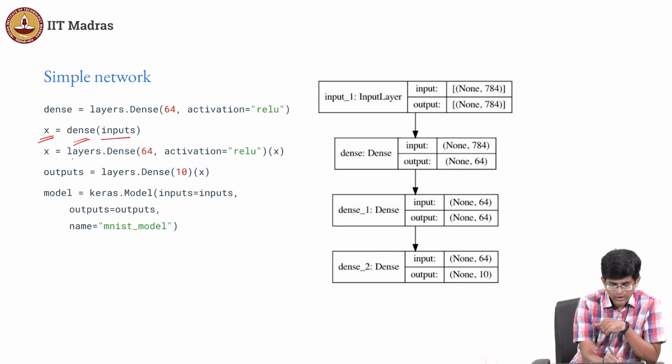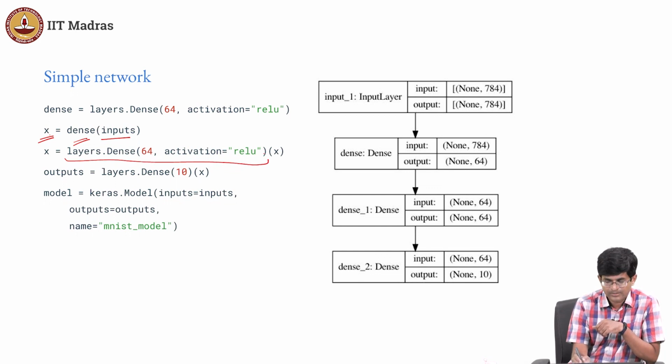Now look at this second statement out here. What it is saying is layers.dense, something of this sort, and then suddenly I have these parentheses out here and x applied to it. So in other words, this layers.dense, this entire thing itself, is a function call, right? Because after all, layers.dense looks like a function call.